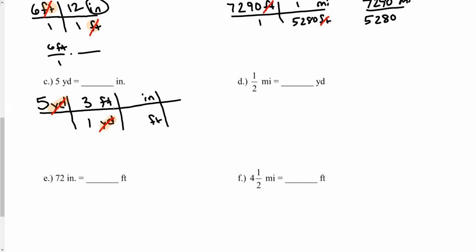Now that I'm able to cancel feet and feet, I've got to think about which number goes where. 12 inches and 1 foot. That's my conversion. So feet cancels with feet, and now all I have is 5 times 3 times 12 inches. You multiply all that out and you'll get 180 inches.